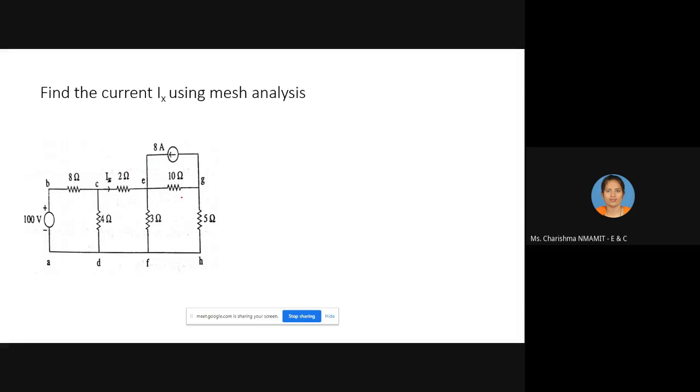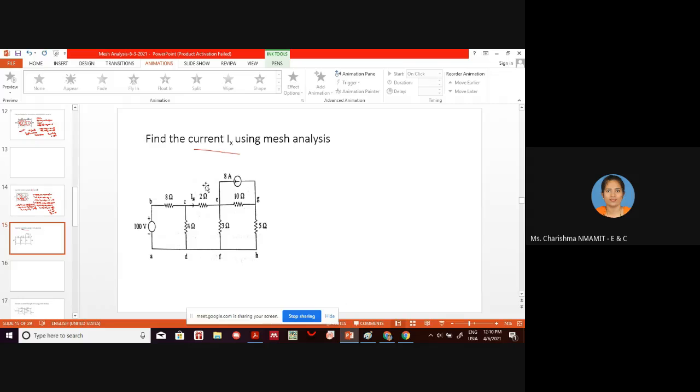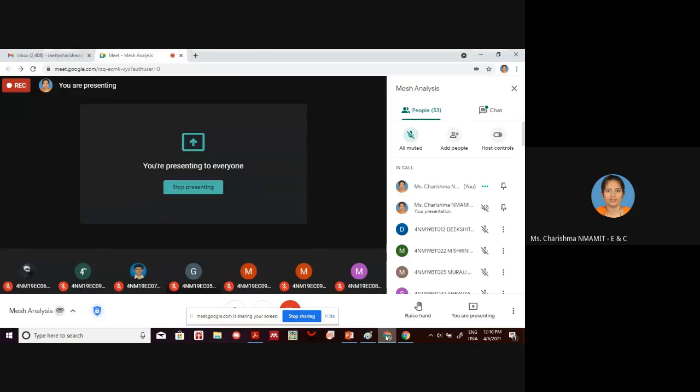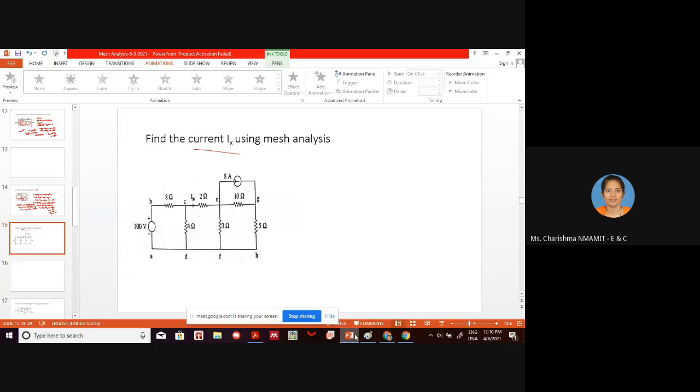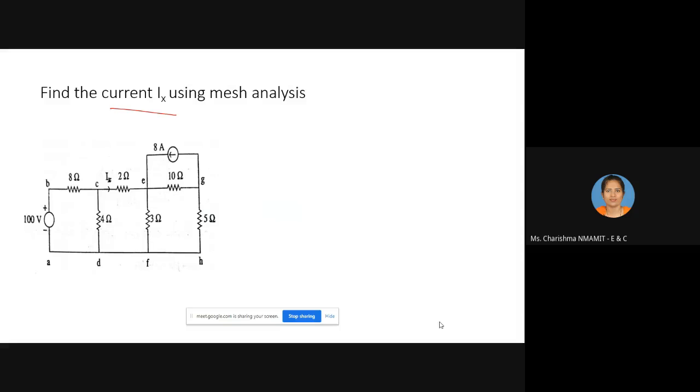Find the current Ix by making use of mesh analysis. So here, as I already told you, you can see that there is one current source, right? So there is a practical current source here.